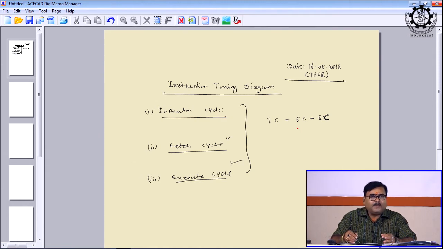The definitions are given in the book or on the internet, you can find out what IC, FC and EC are. But in its shortest form, I can say instruction cycle refers to the total time required to execute an instruction completely, that is the definition. And fetch cycle is the time required to fetch the opcode from memory, which is always fixed, it cannot be changed, because that is the specification given by the designers.